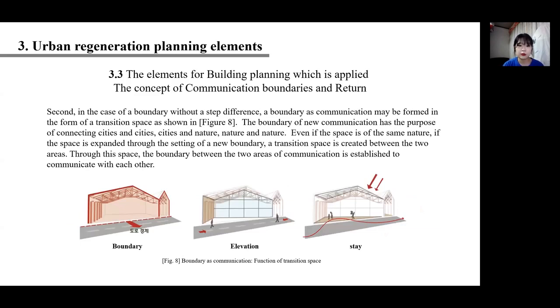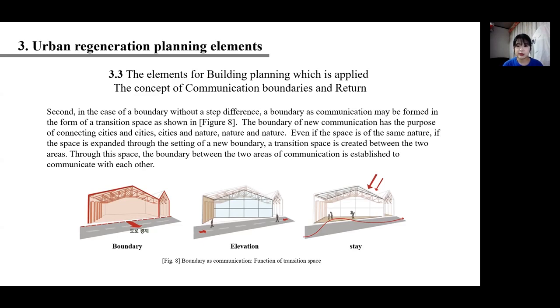Second, in the case of a boundary without the step difference, a boundary as communication may be formed in the form of transition space as shown in figure 8. The boundary of new communication has the purpose of connecting cities and nature, nature and nature.